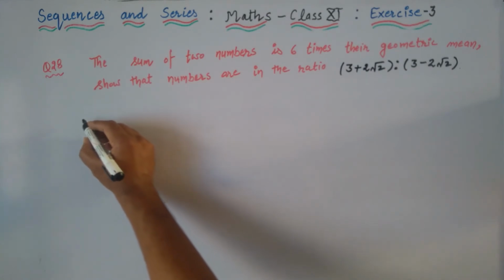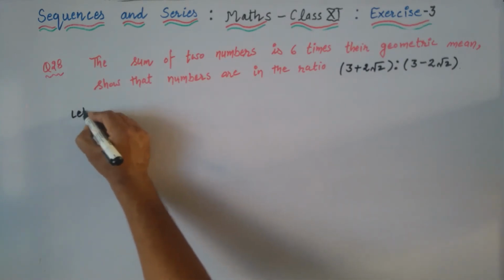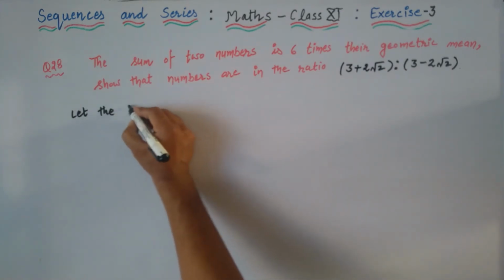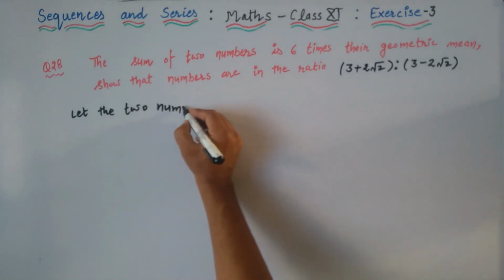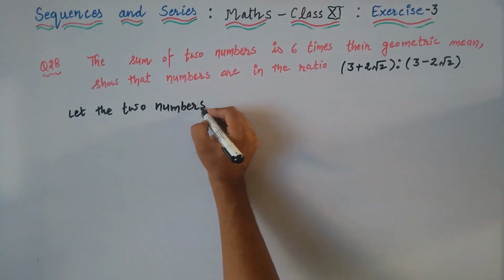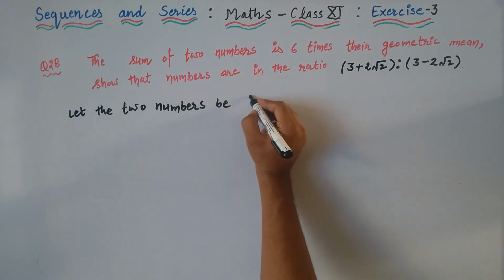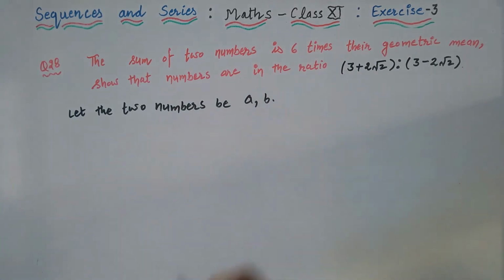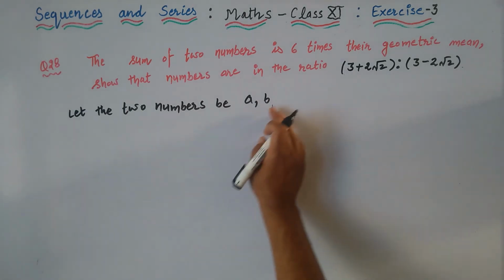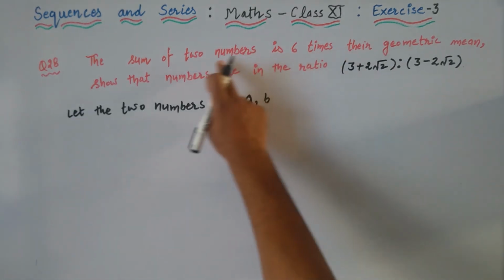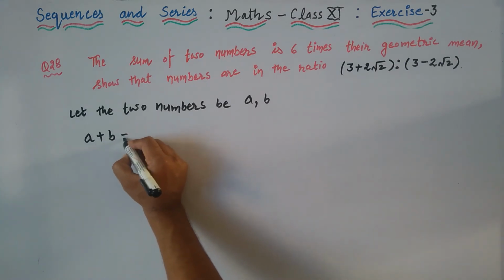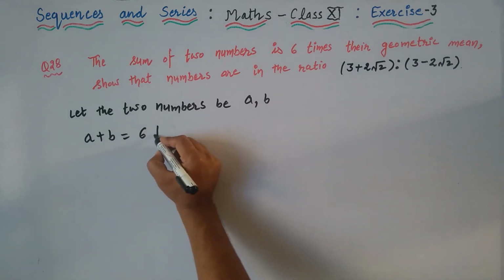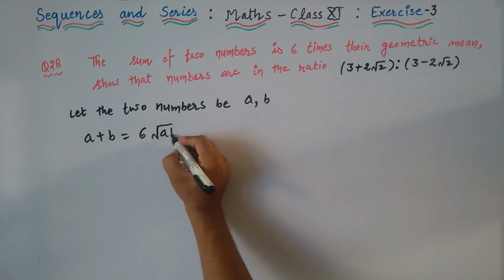So first of all, according to the statement we suppose here, let the two numbers be a, b. Therefore what is the next in the statement? Sum of the two numbers is equal to 6 times their geometric mean.